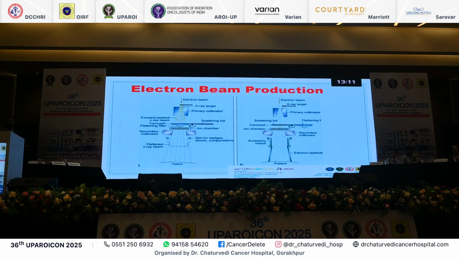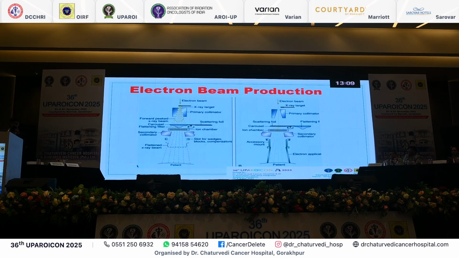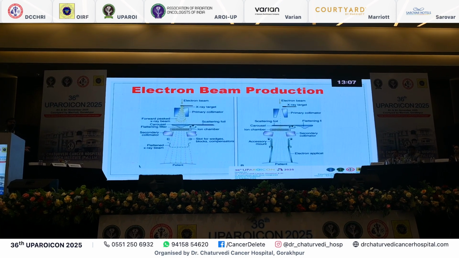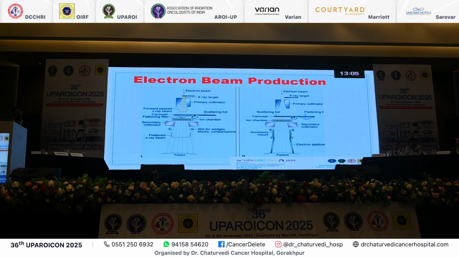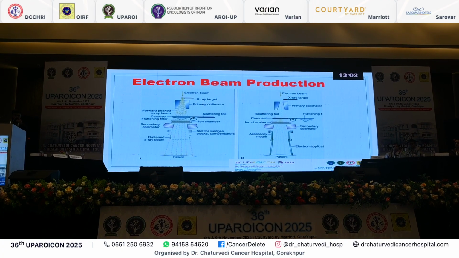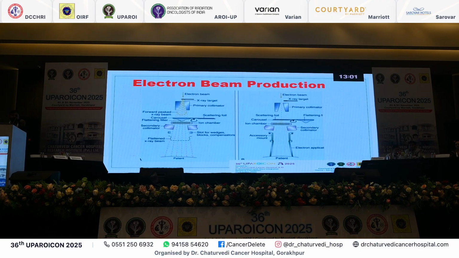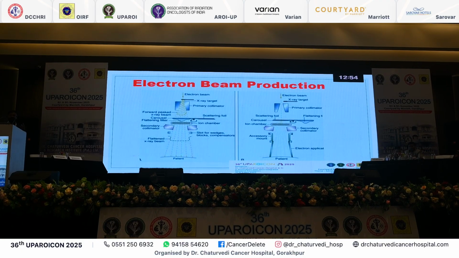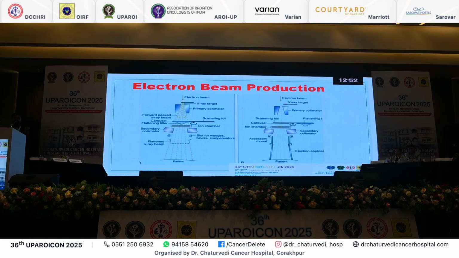Electron beam production. How to produce the electron beam? There are two sources, one is the photon energy source and the other is the electron energy source. The beam's primary energy interacts with the X-ray target and primary collimator. There is the ionization chamber.